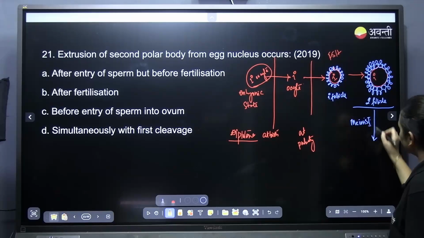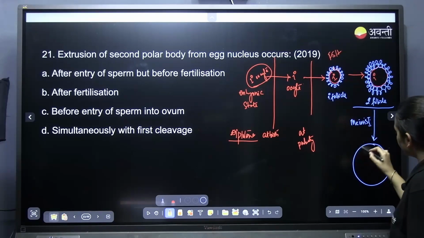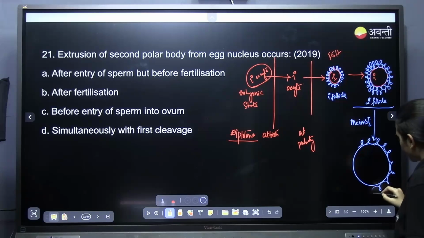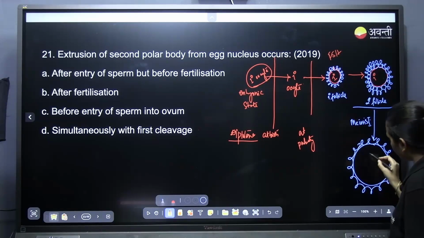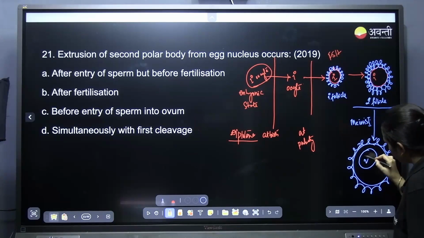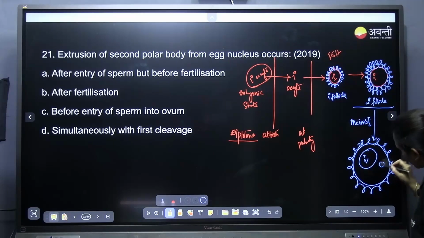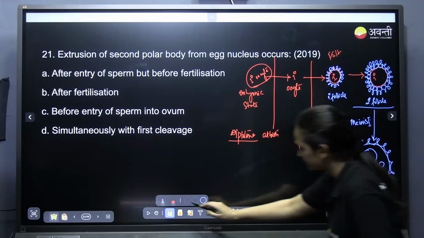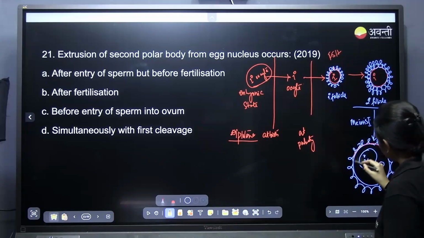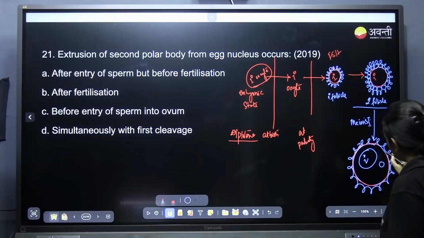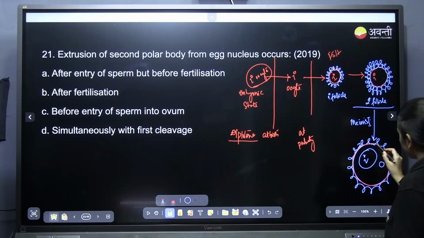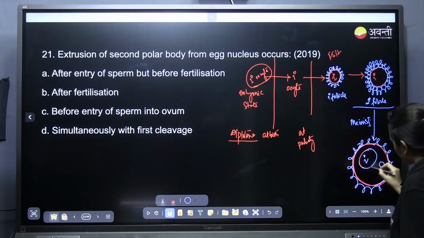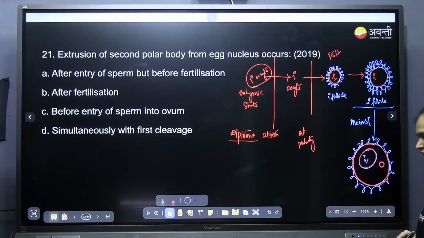Meiosis 1 completes, which means now in this tertiary follicle you can see the secondary oocyte and the first polar body. This is a secondary oocyte, a big one, and this is a polar body which will degenerate.